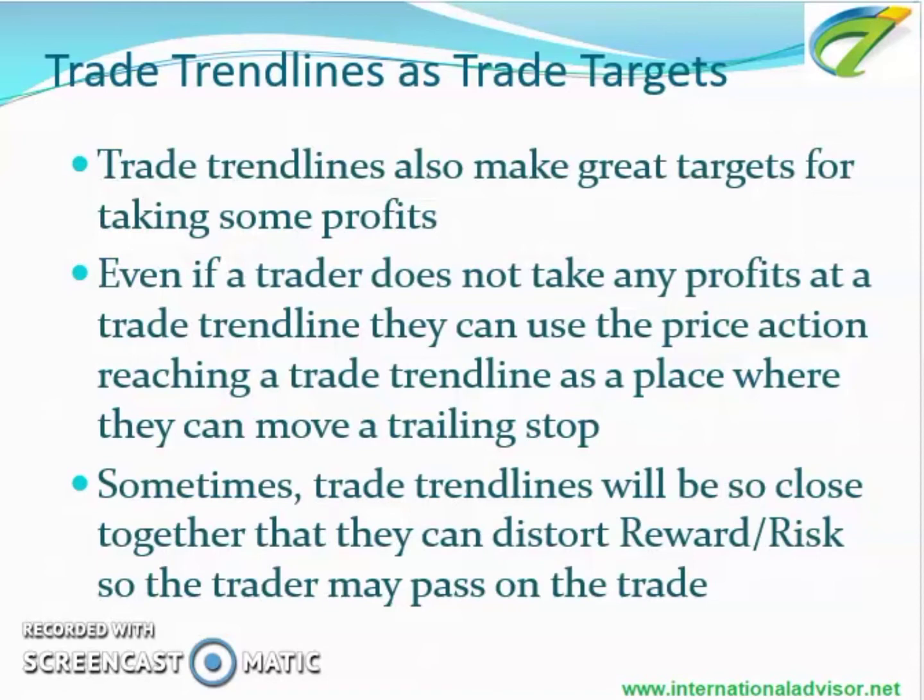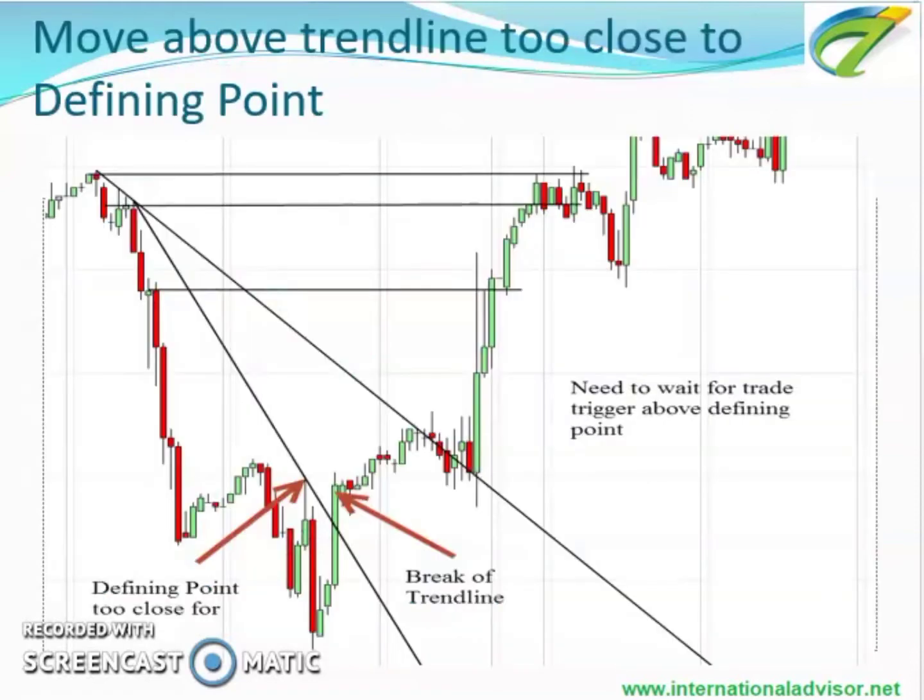This is a very important strategy, and it really helps a lot in increasing your profit margins in real trade examples. Sometimes trade trend lines will be so close together that they can distort the reward risk ratio, so the trader may pass on the trade, as we have discussed in the previous example.